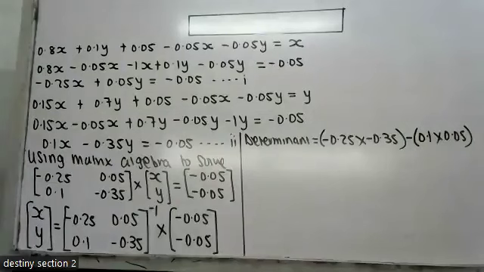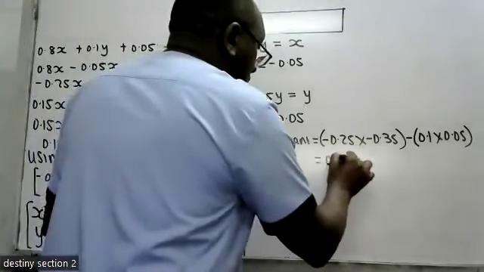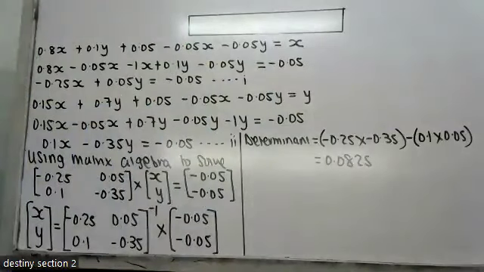So when I take my calc times minus 0.25, then I put minus into brackets 0.1 times 0.05. I get 0.0825.